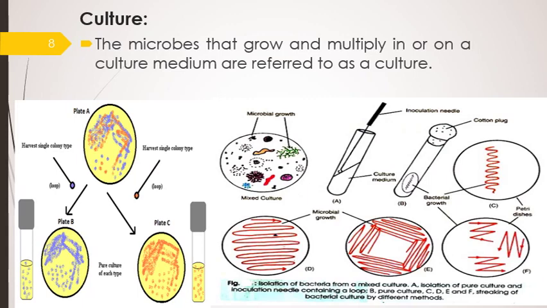After that, culture. Basically, we use culture for the microorganism that propagates itself in a culture medium. So the microbes that grow and multiply in or on a culture medium, we refer to as a culture.